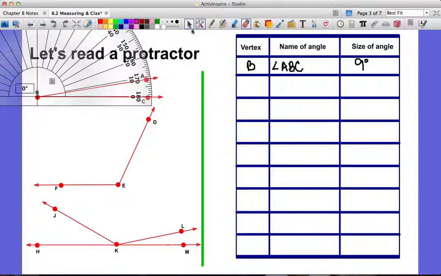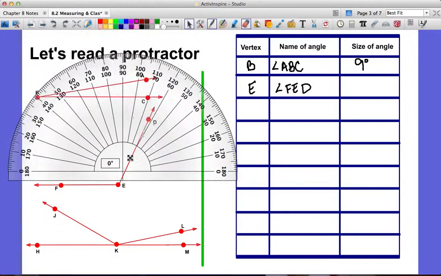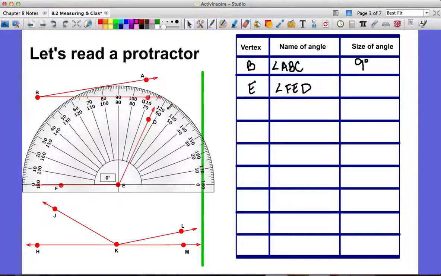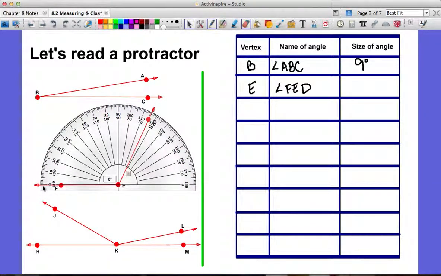Okay, then angle 2, we have angle FED, or we can name it angle DEF. The vertex in this case is E. Then we're going to place the center of the vertex with the center of the protractor. Now in this case, again, we're starting at 0, but we're reading the outside numbers because that's where the 0 starts.